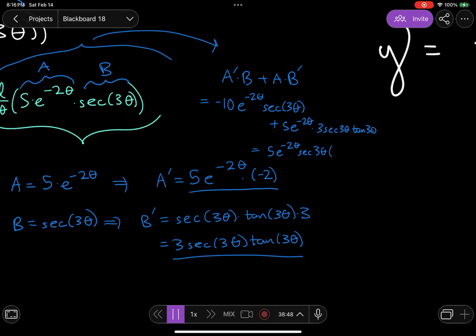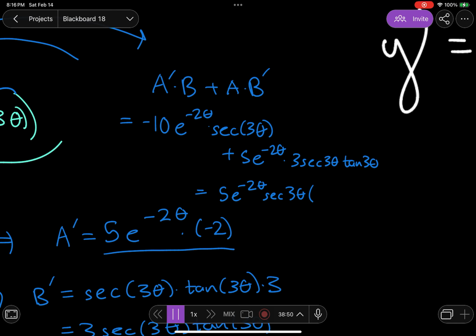And what's left over here, so what I just factored out was one of these 5 e to the negative 2 thetas and a secant of 3 theta, which means all that's left here is a negative 2, and all that's left here is a 3 tangent of 3 theta. Just scanning that to make sure that makes sense.